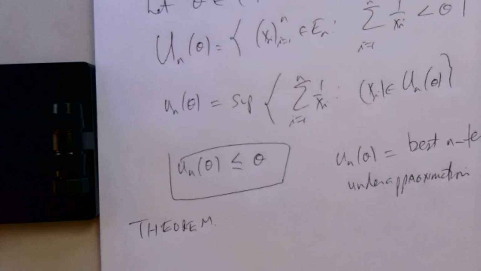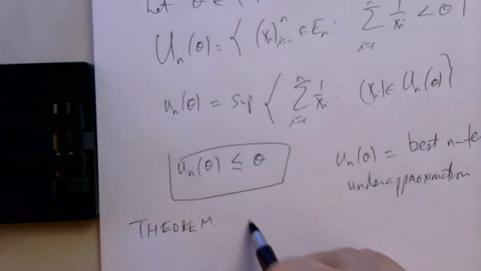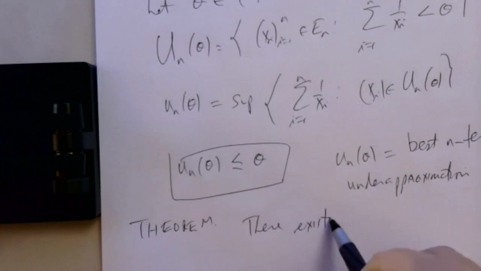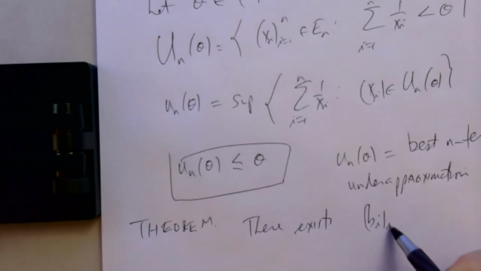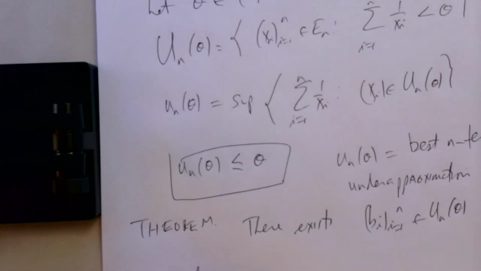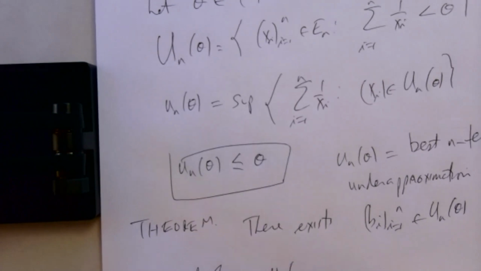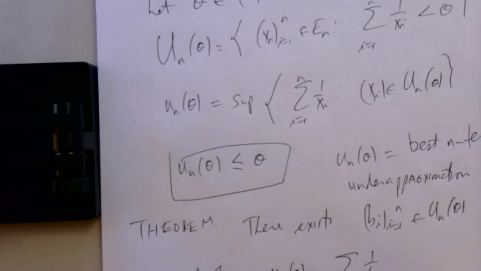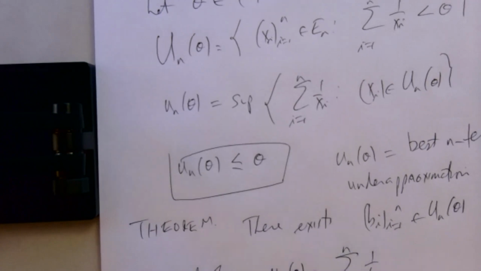But the theorem says, what? Initially, you don't know that there's any sequence that realizes it, and you don't know that there's only one sequence that realizes it. Correct. And the theorem says that there exists a sequence b sub i, standing for best, i from 1 up to n, in Un of theta, such that this best approximation is in fact this fraction.